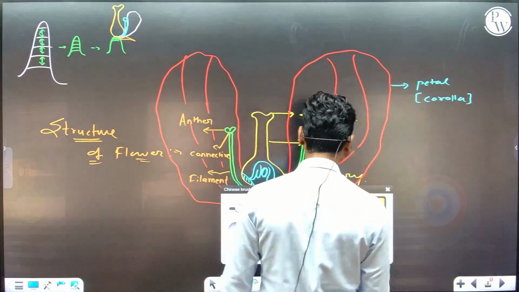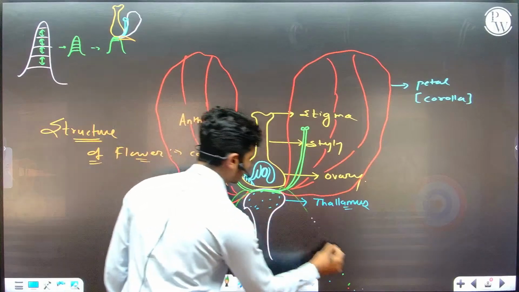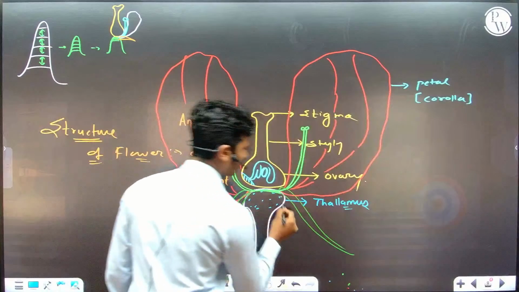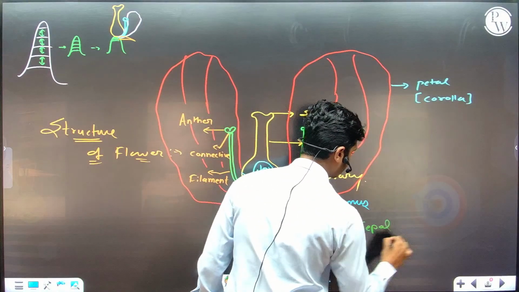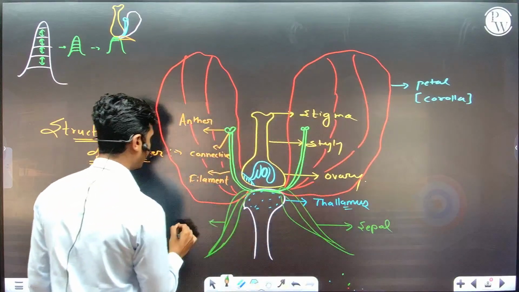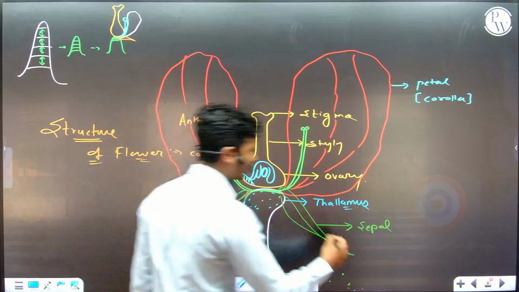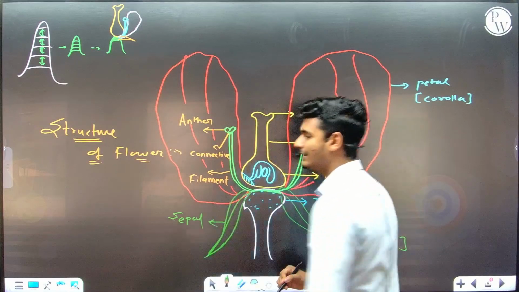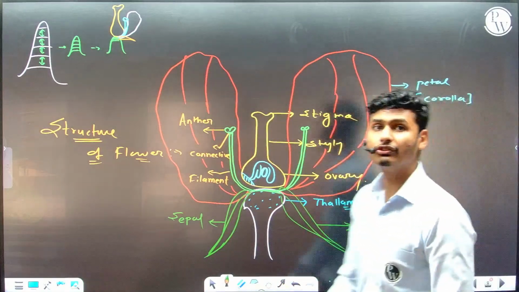Lastly, what we are going to draw here is sepals. This part is a sepal, singly we call it a sepal and combinedly it is known as calyx. So calyx, corolla, androecium, gynoecium: four floral whorls.